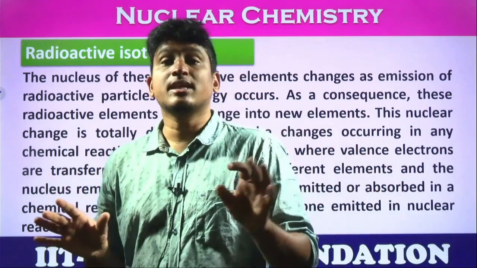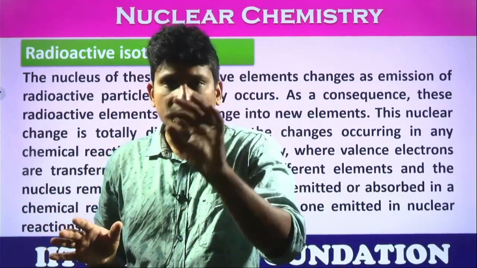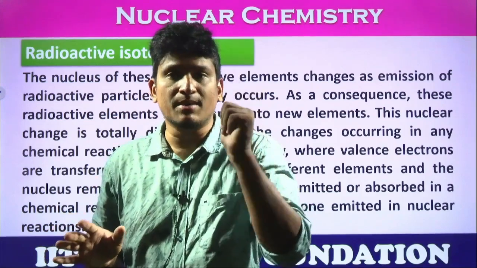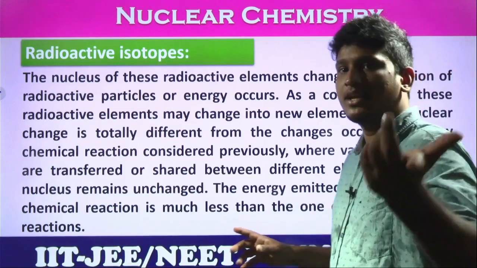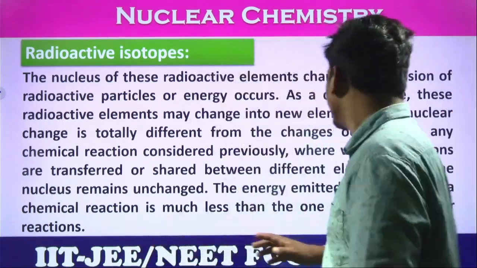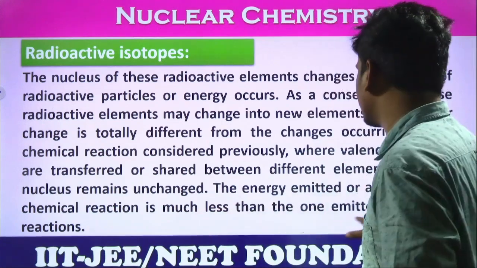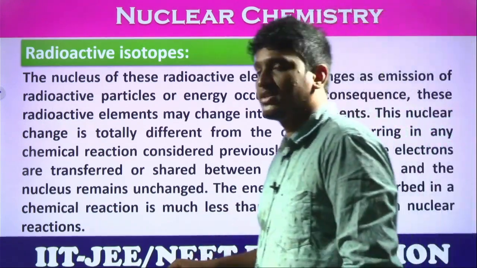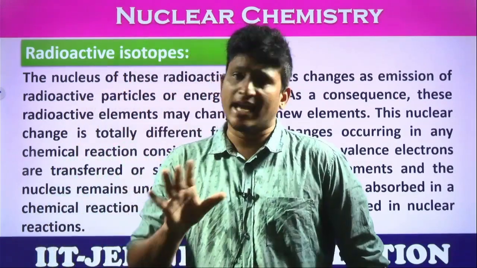Understood? Why? Because a chemical reaction doesn't happen with protons and neutrons participating, but with the subatomic particle electrons only. How? By losing electrons, gaining electrons, or sharing electrons. The energy emitted or absorbed in a chemical reaction is much less than that emitted in nuclear reactions, right, students? In chemical reactions, all energy changes take place.